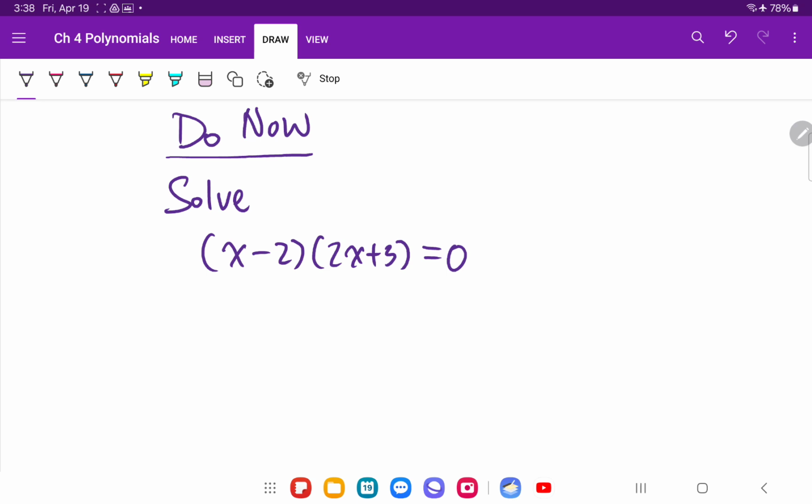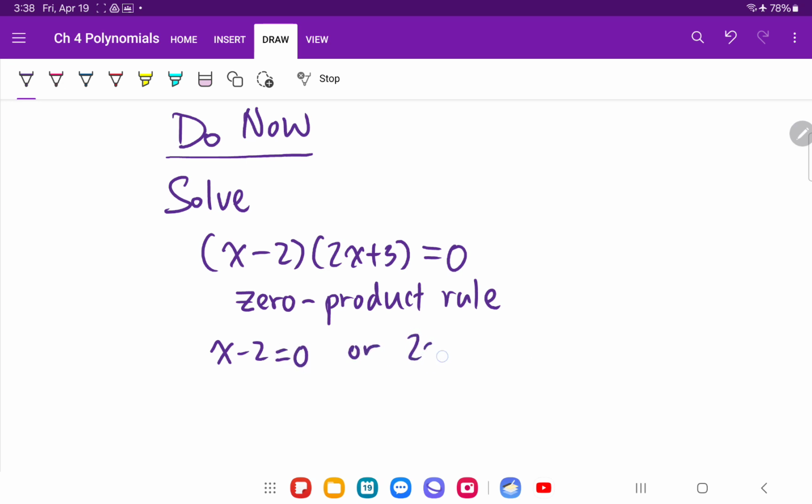Now in E-Math, you will know that because there's a 0 here, you can apply the zero product rule. And that tells you that x minus 2 is either 0 or 2x plus 3 is 0. Now if you continue to solve, you're going to get x equals 2 or x equals negative 3 over 2. That is for E-Math.